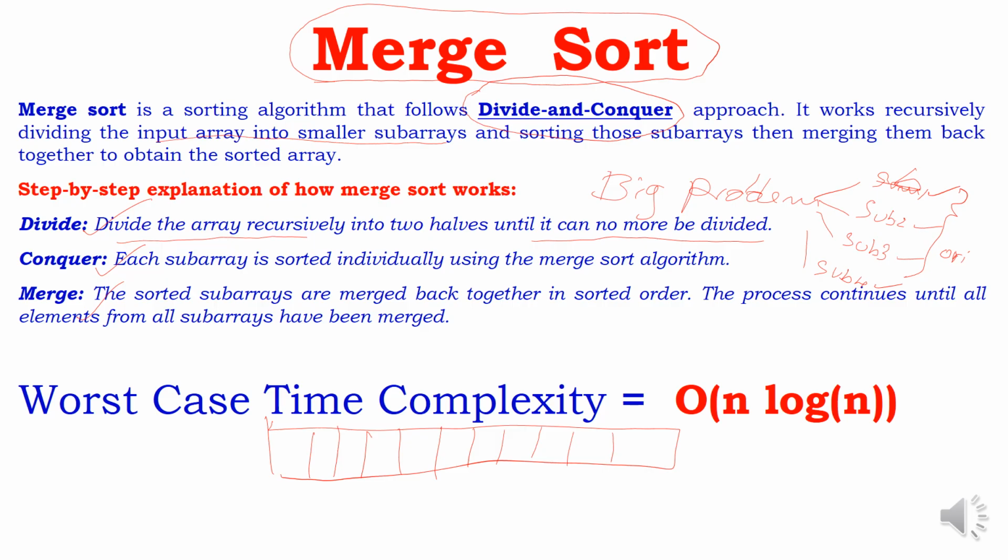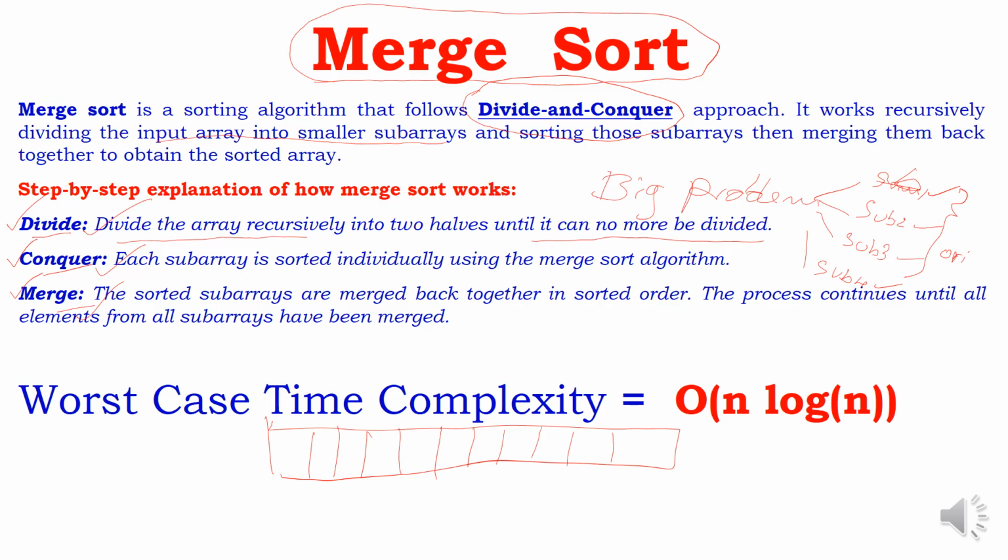Here, it follows three principles: divide, conquer, and merge. Divide the array into smaller subproblems. Conquer, solve the problem. Then merge the solutions. The smaller solutions will be merged together to form the solution of the original problem.